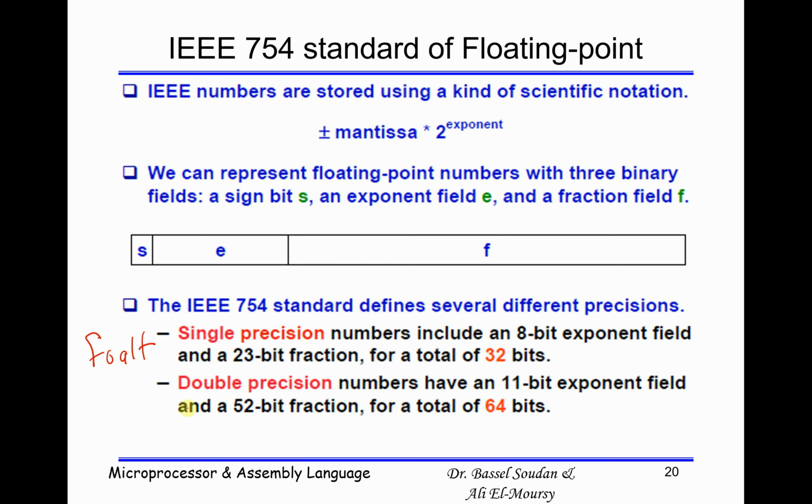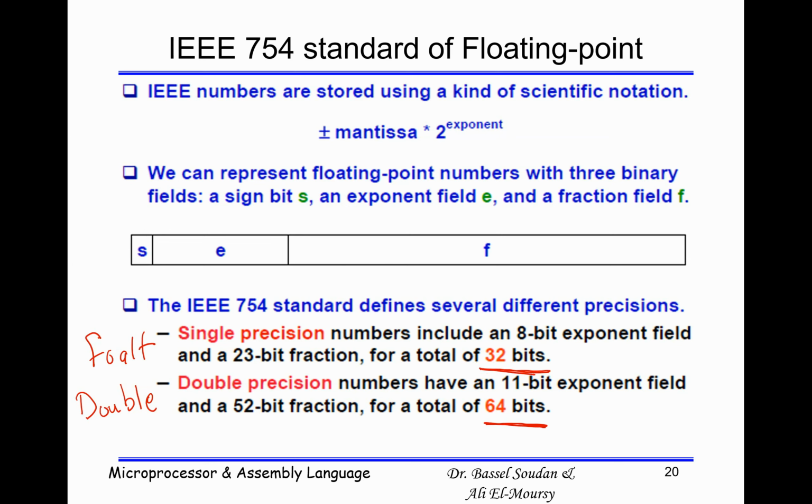The second is what's called the double. Double means double precision, using double the size for the registers, so the registers for the double use 64 bits.